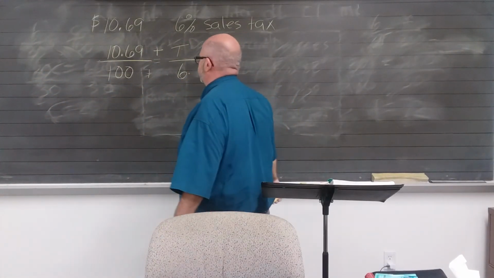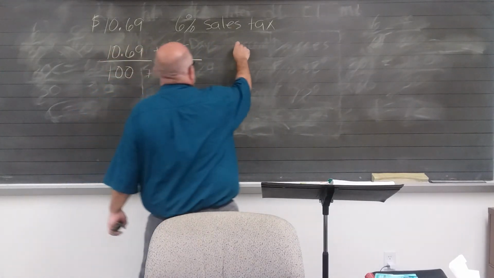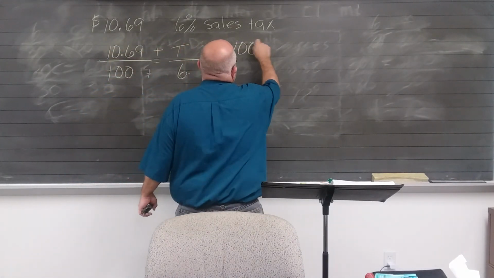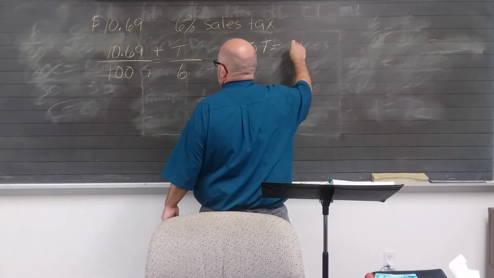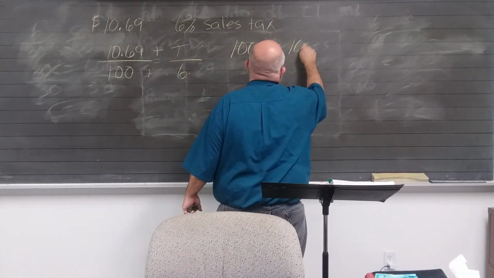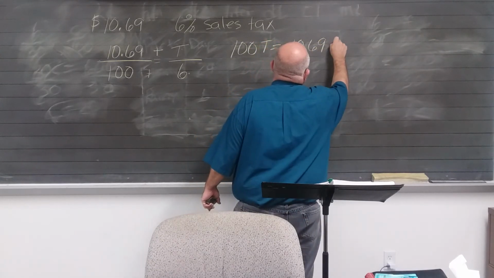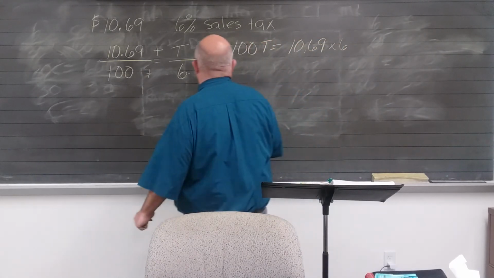So let's do it. So your equation is what? 100T equals 1069 times 6.